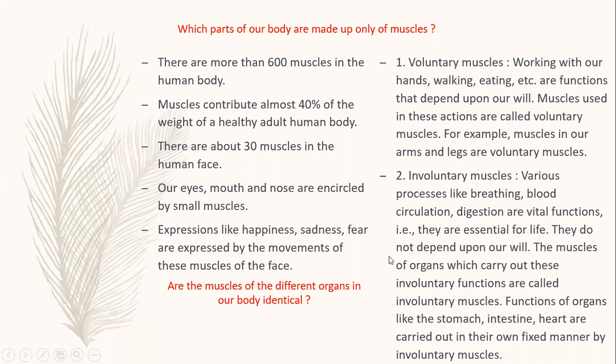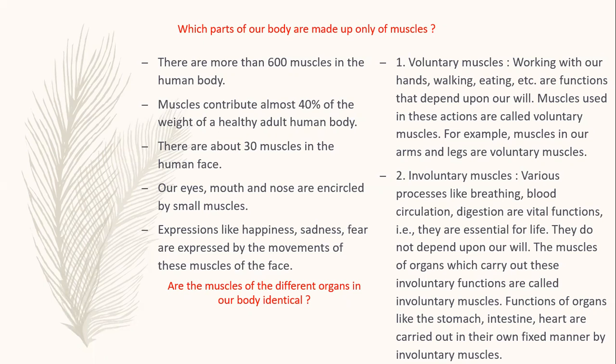So these functions performed by the voluntary muscles are those that depend upon your will. You are telling the muscles that you want to eat. So just move your hand, go into a packet of chips, grab it and shove it in your mouth.